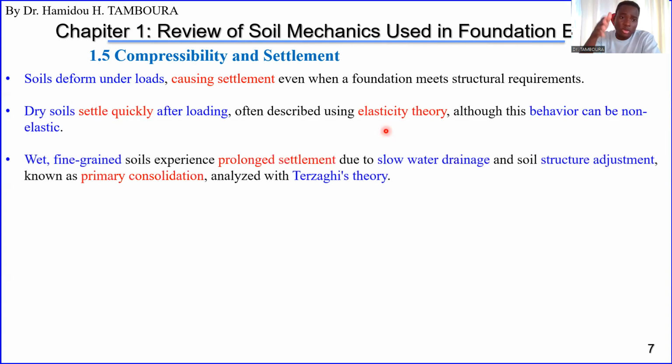So when the soil is wet, fine grained, fine means, for example, clay, wet fine grained soil, in that case, the settlement will take longer time, and the reason is because of slow water drainage and also the adjustment of soil particles.